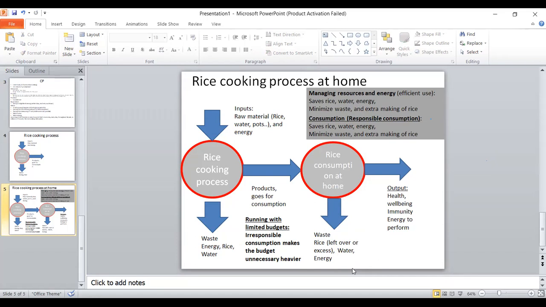This is a national issue. The question is not about managing waste, but how to reduce the waste, especially the food. You cannot value food in rupees and cents, even though you are paying for it. That is very important.